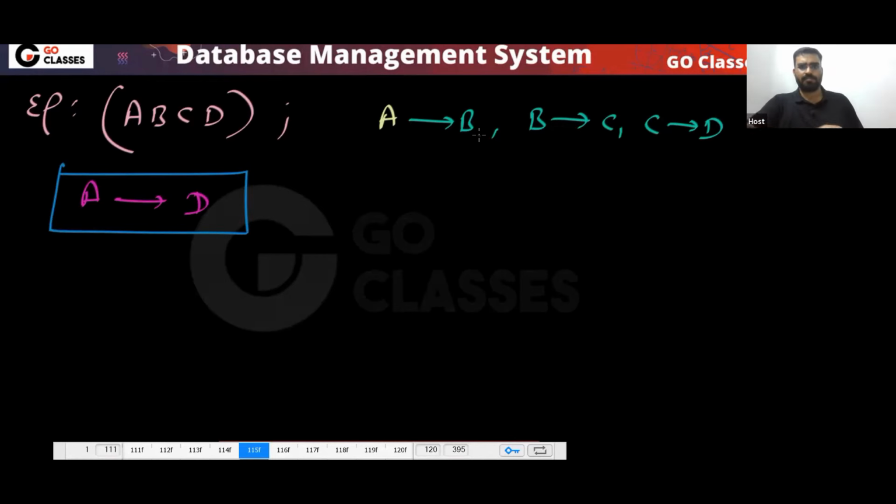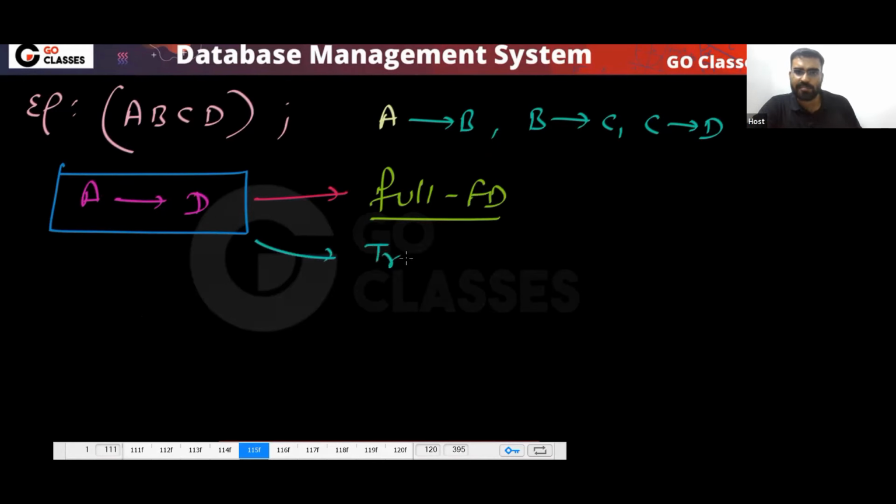Alpha, beta can be any set of attributes; the condition should hold. So this is a full functional dependency, right? Because you cannot remove anything from the LHS. Is it transitive? A determines D, this is transitive, right?